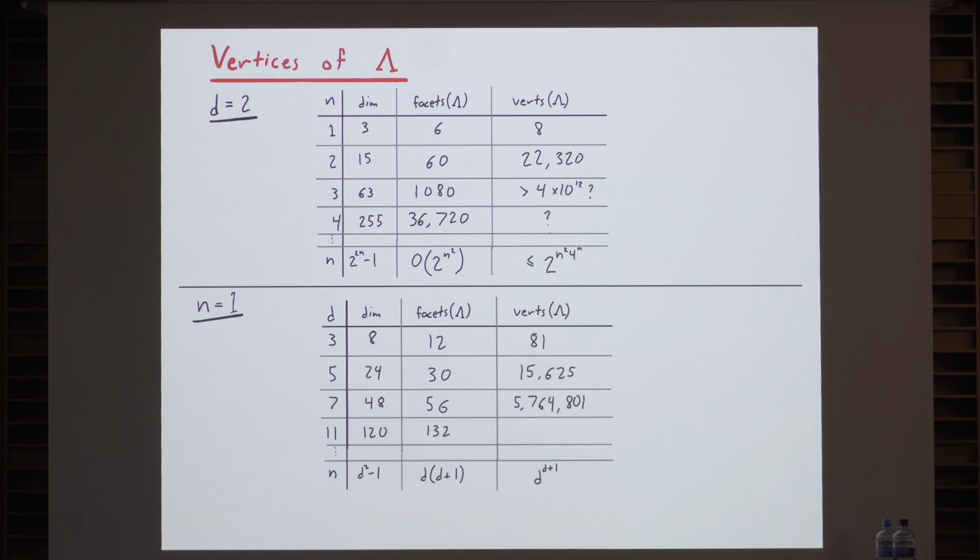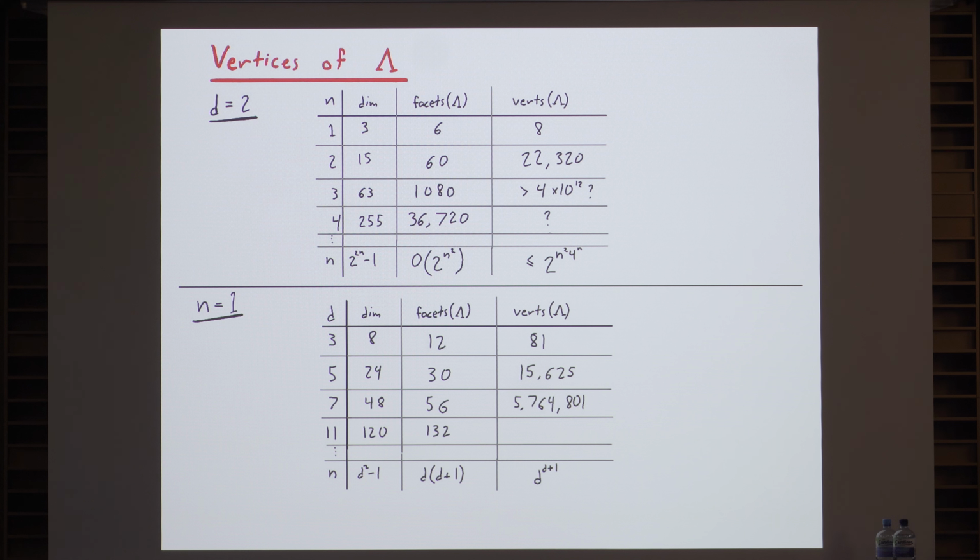The number of vertices, we don't know in general, but it seems pretty big. So for a single qubit, the lambda polytope is pretty simple. It's just a cube. But already by the time you get to 2 qubits, you're in a 15-dimensional space, and you've got something like 22,000 vertices. You can find these vertices numerically. You can find all of them. But then by the time you get to 3 qubits, you're in a 63-dimensional space, and you can't even do computational stuff.